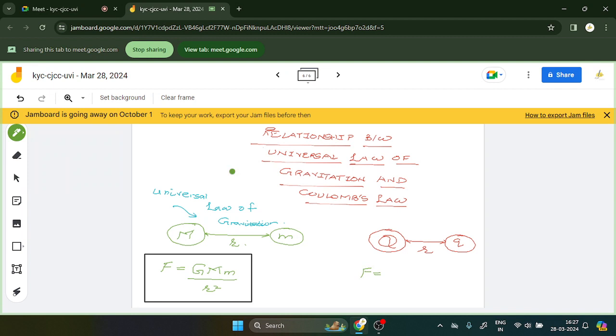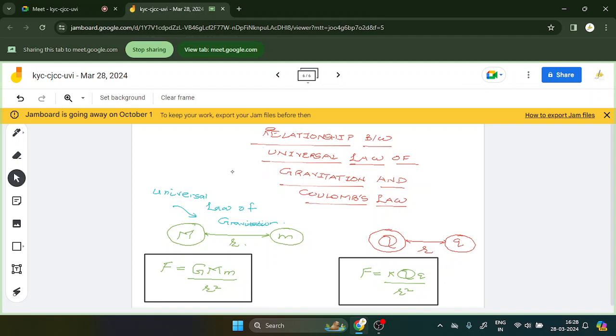F is equal to K Q into small q upon r square. So basically both of these look similar. Only there is a difference between masses and charges. In the universal law of gravitation, the force is acting between two masses, whereas in Coulomb's law, the force is acting between two charges. But everything else is almost the same. Basically, it is also following the inverse square law.